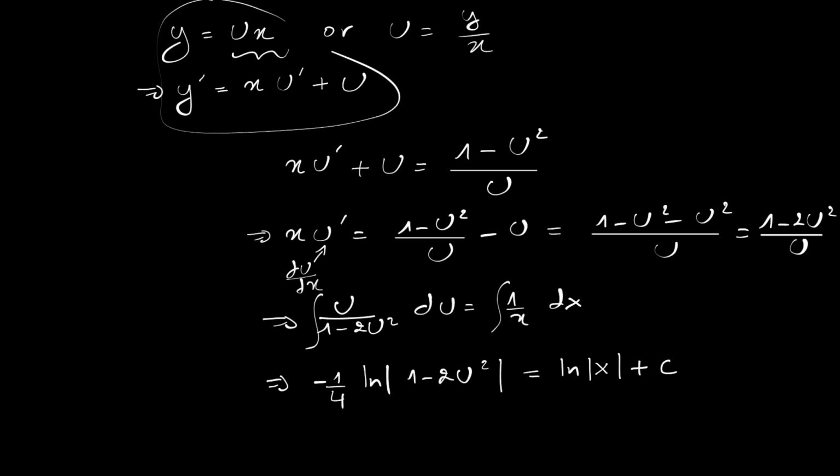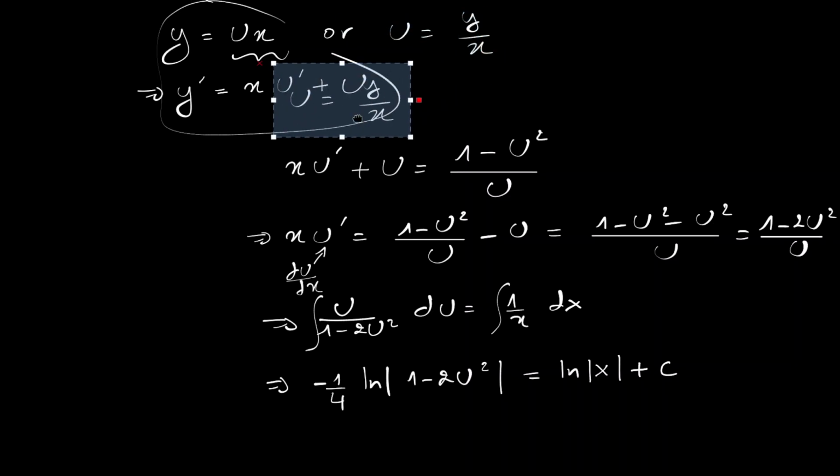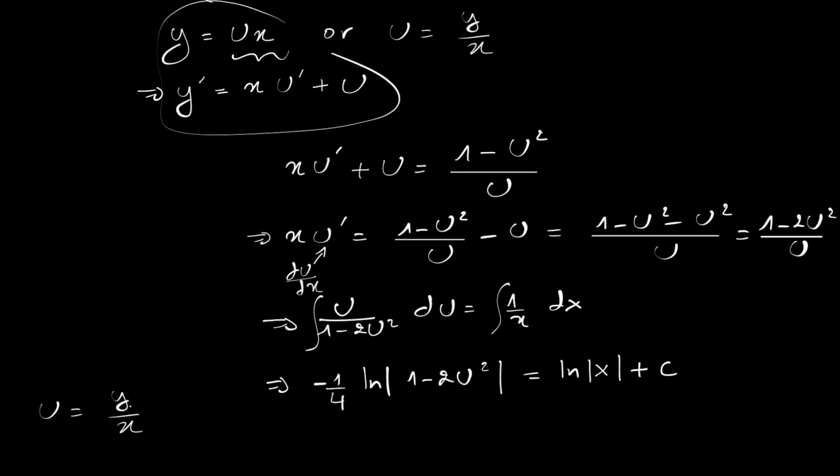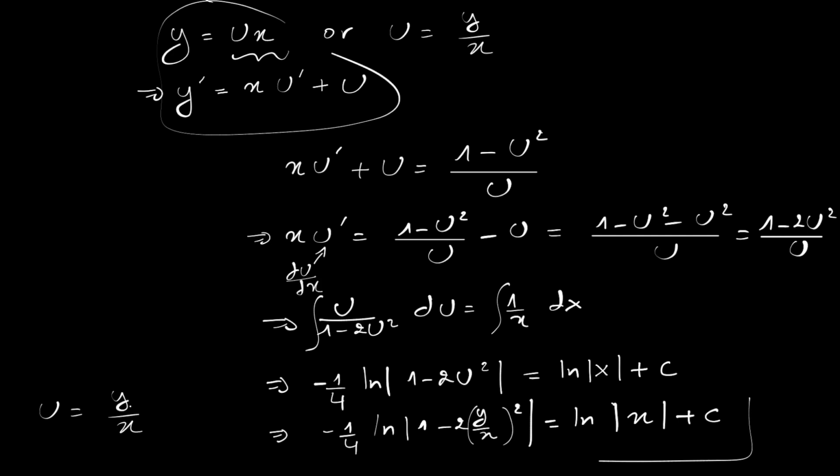Finally, we replace u by y over x, which is our solution in an implicit form.